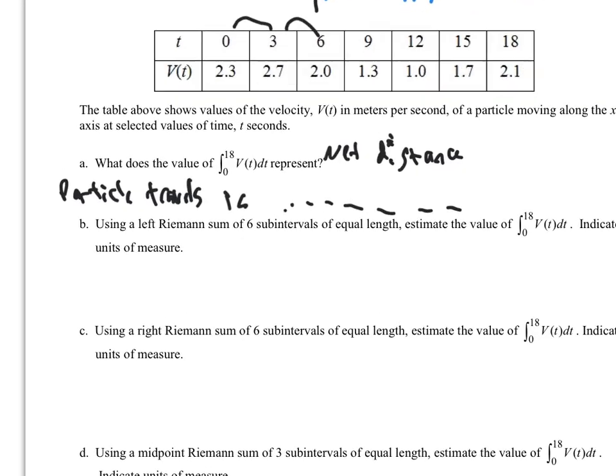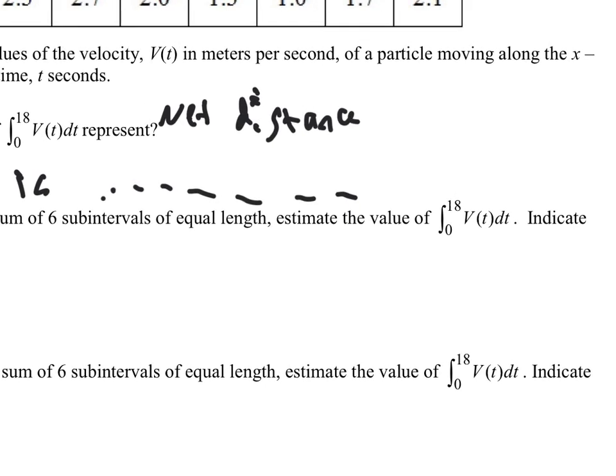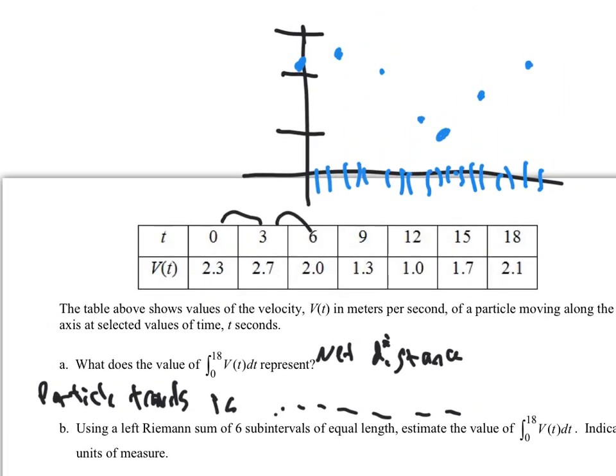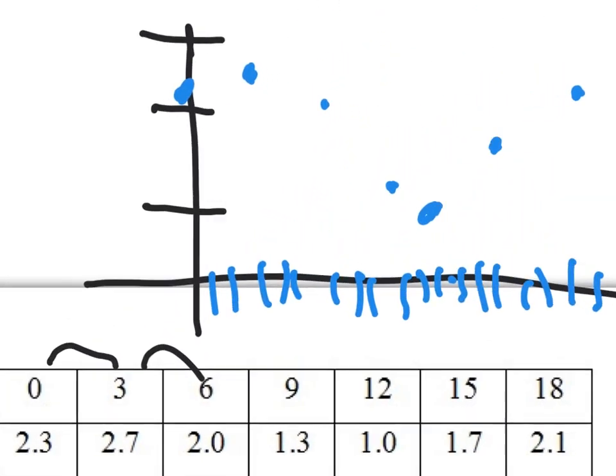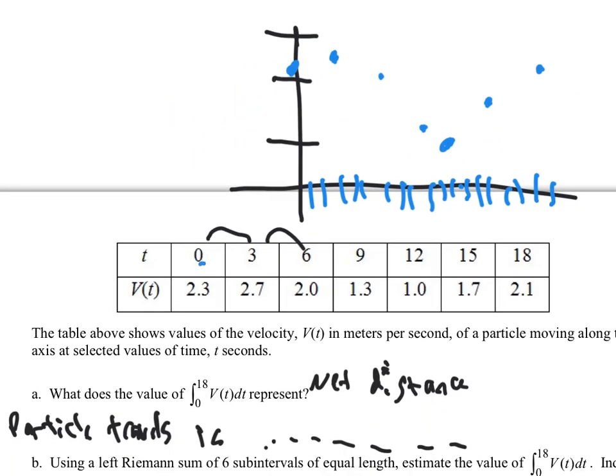He says to use a left Riemann sum with 6 subintervals of equal length to estimate the value of this integral. And that's what I was saying, it's going to be an estimation. He wants left. See the overlap?